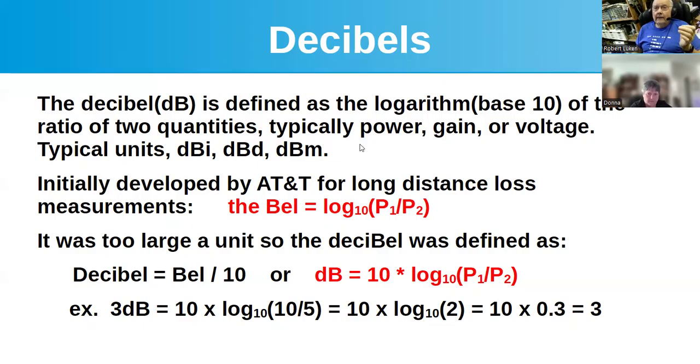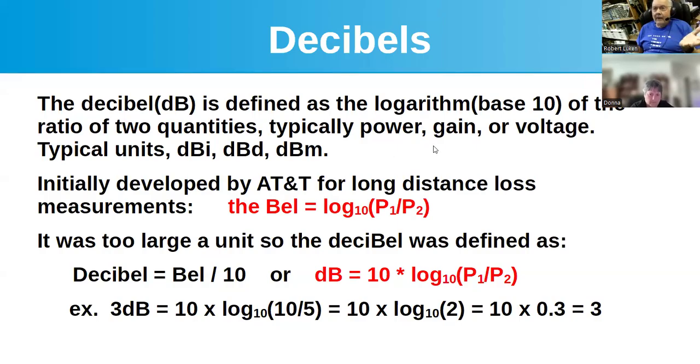It can be just dB, but normally you'll see it in dBi, dBd, dBm, where it means it's relative to, in the case of dBi, an isotropic antenna, or dBd, relative to a dipole antenna, or dBm, relative to a milliwatt of power.